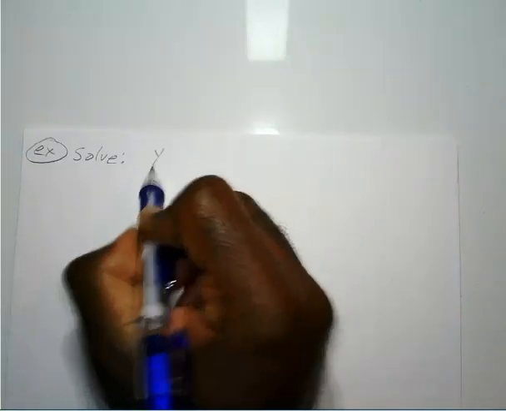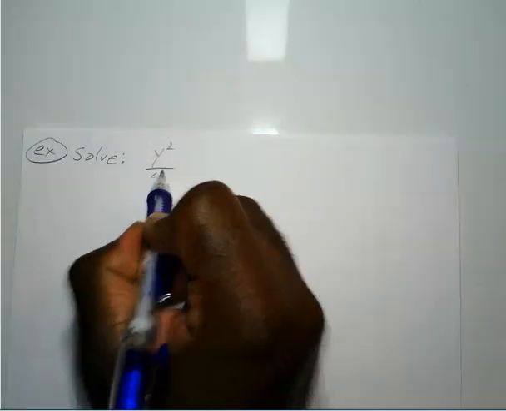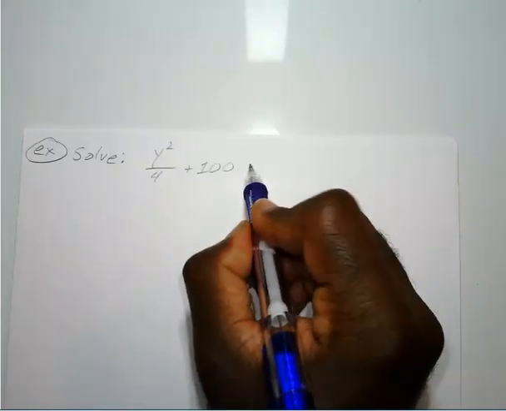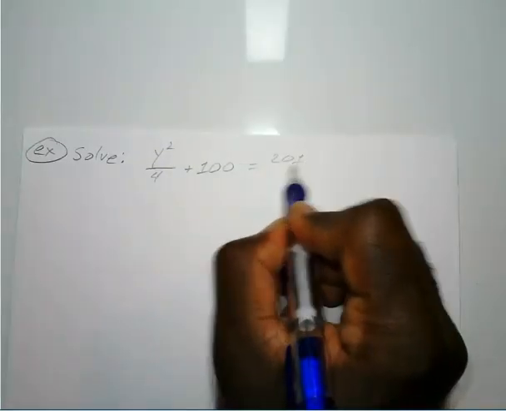Okay, so what if we wanted to solve, let's say, y squared over 4 plus 100 equals 201 over 2?